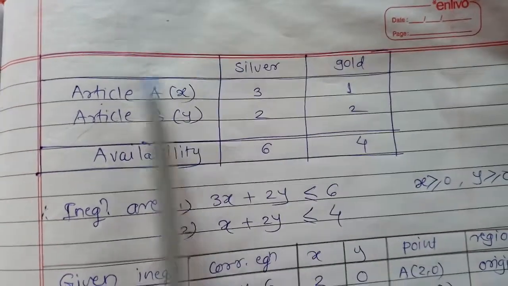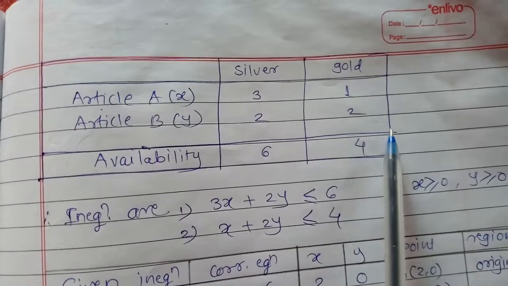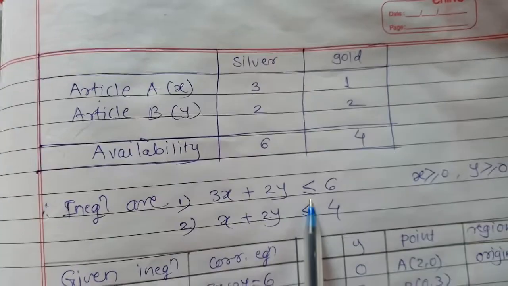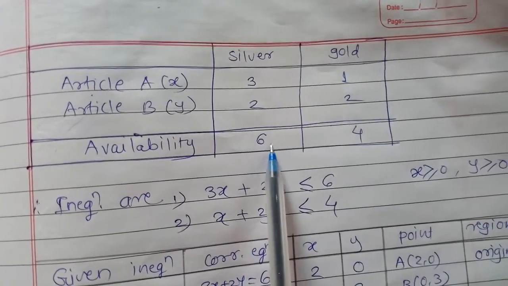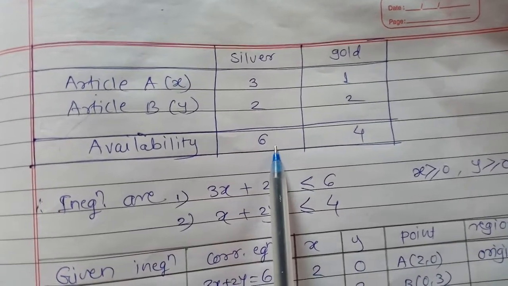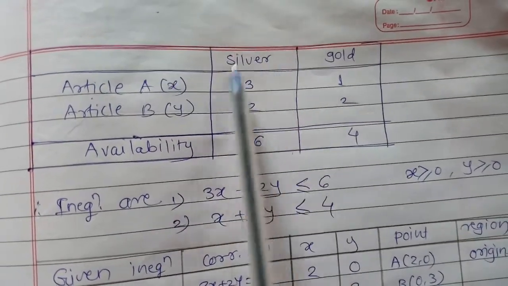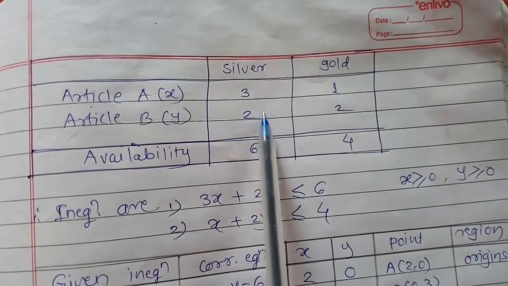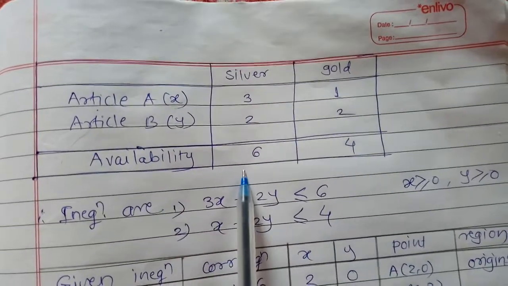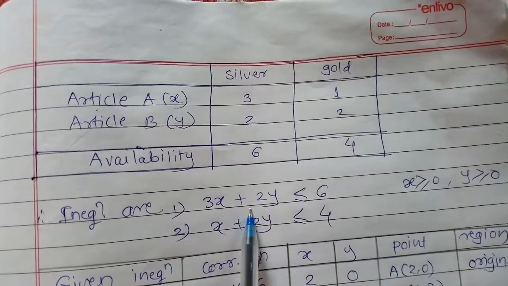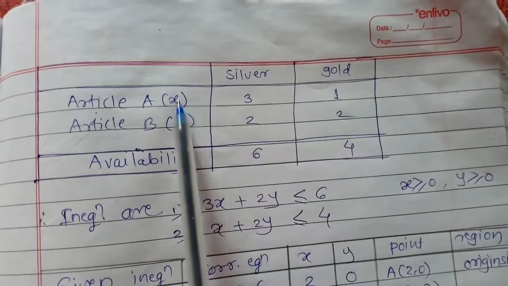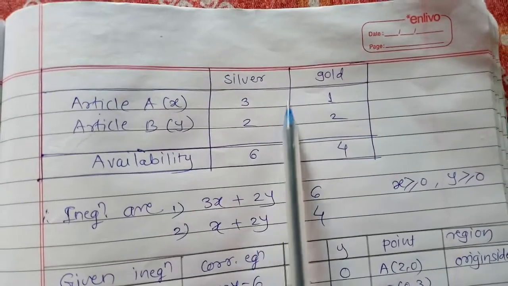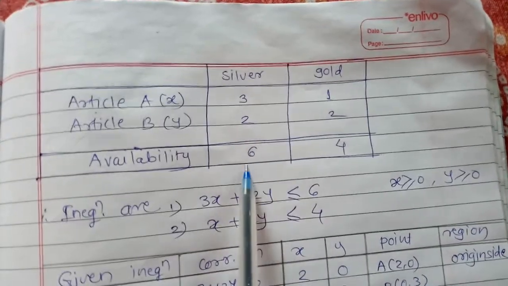From this table we can easily derive the mathematical equation. So 3x plus 2y is less than or equal to 6, because the maximum amount is 6. Both articles A and B require 3 gram and 2 gram of silver, and we have to make them taking an amount not more than 6.